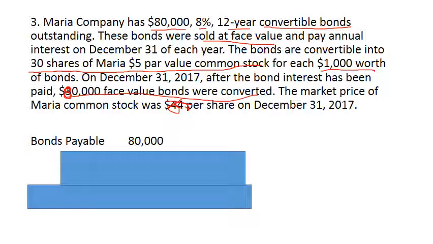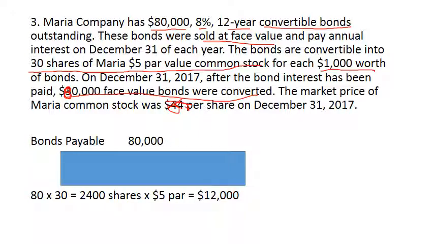So if $80,000 of the bonds are converted, we need to take the bonds off the books at 80,000 and we have to figure out how many shares of stock we need. So if every $1,000 worth of bonds is going to be turned into 30 shares of stock, we have to take 80,000 divided by 1,000. So it's 80 bonds times 30 shares per bond.